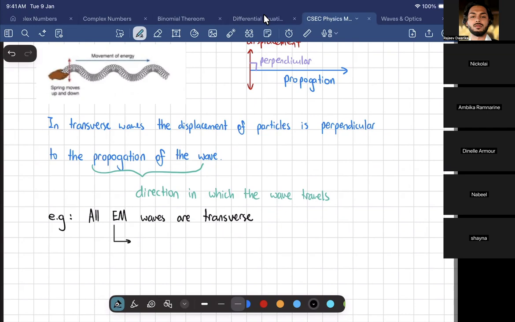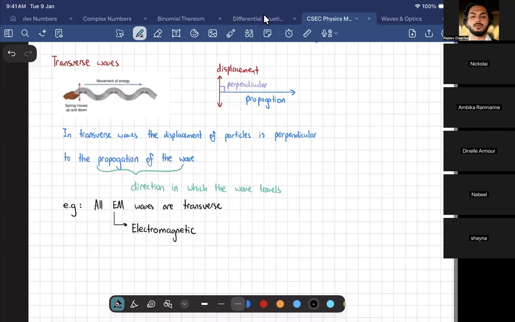Could any of you make a guess? EM. Electromagnetic. Right. Guys, copy that down.